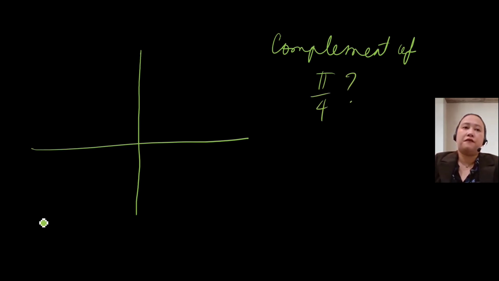Graphically, we have 0, then we have here pi, on the left. Half of the pi will be written on the upper portion, so that is pi over 2. On the lower portion, at the bottom, we have 3 pi over 2, then the complete revolution of 2 pi.